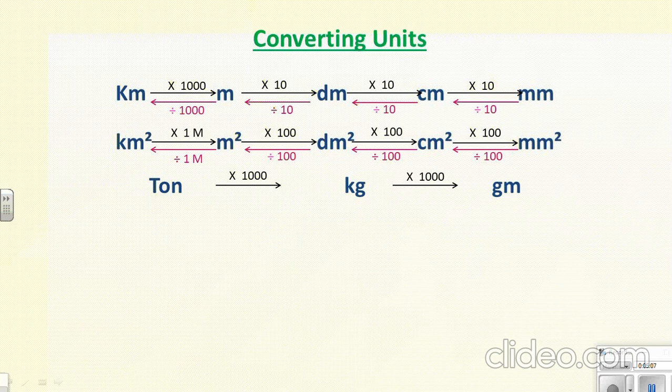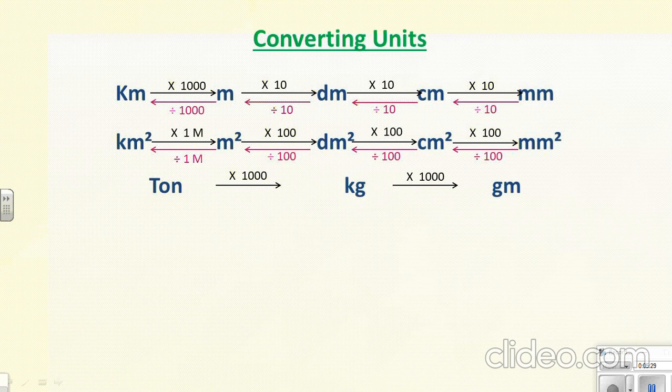If we need to convert from tons to grams, we multiply by 1 million. Why 1 million? Because here we have two thousands, 1000 and another 1000, which means 1 million.